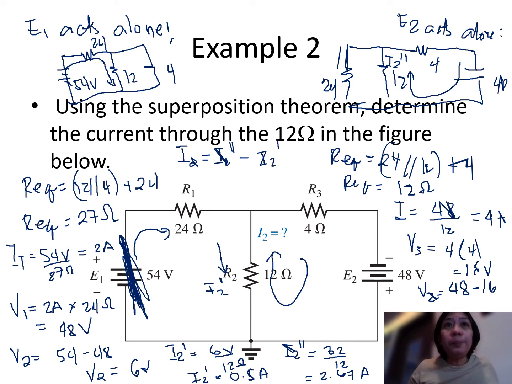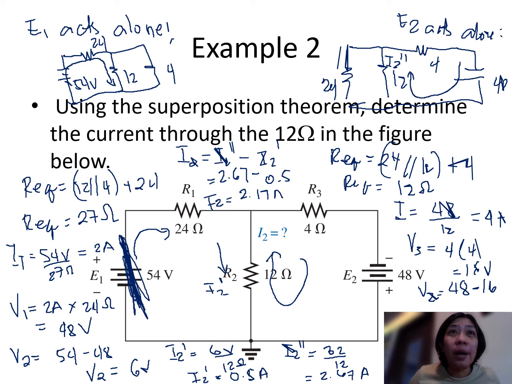This is equivalent to 2.67 minus 0.5. Therefore, I2 is equal to 2.17 amperes. So this is our answer.